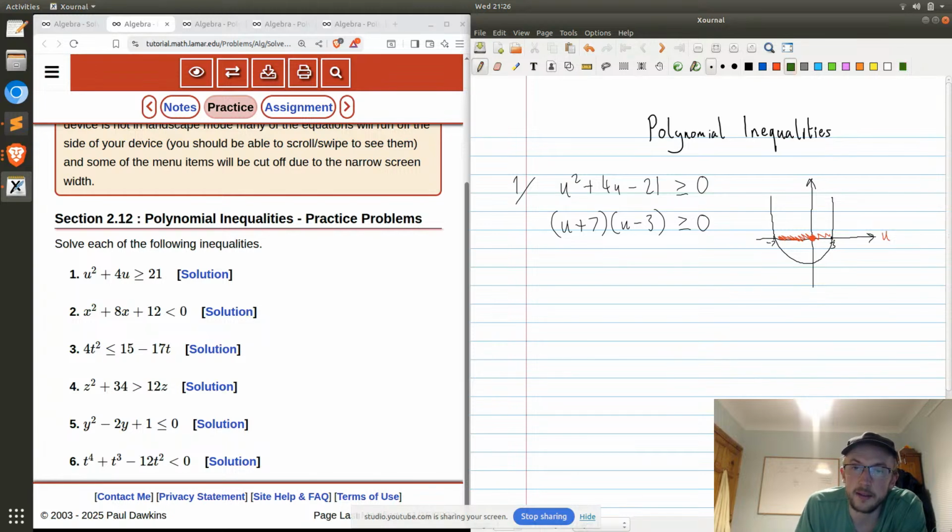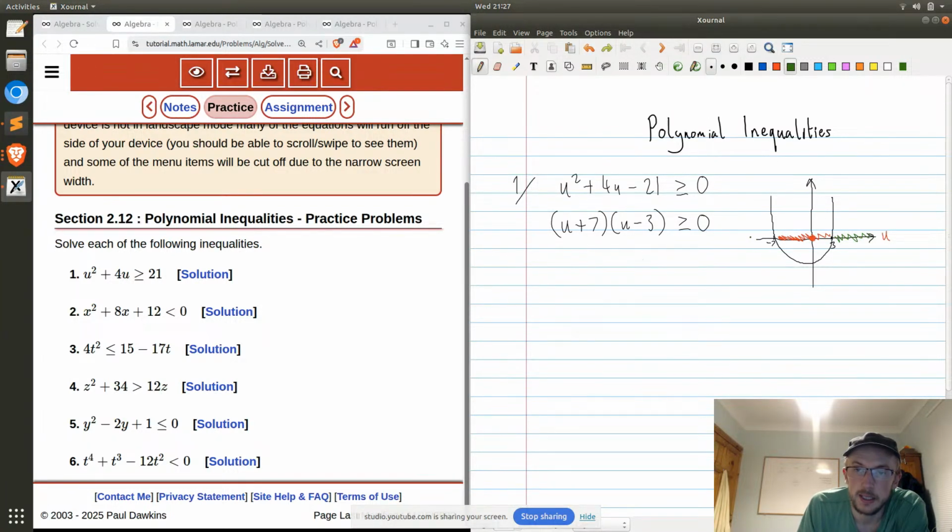Now test out what happens if you put in, I don't know, 5. You get 12 times 2, which is 24, which works. And if you put in minus 10, well, then you get minus 3 times minus 13, and you get 39, which is indeed greater than or equal to 0.